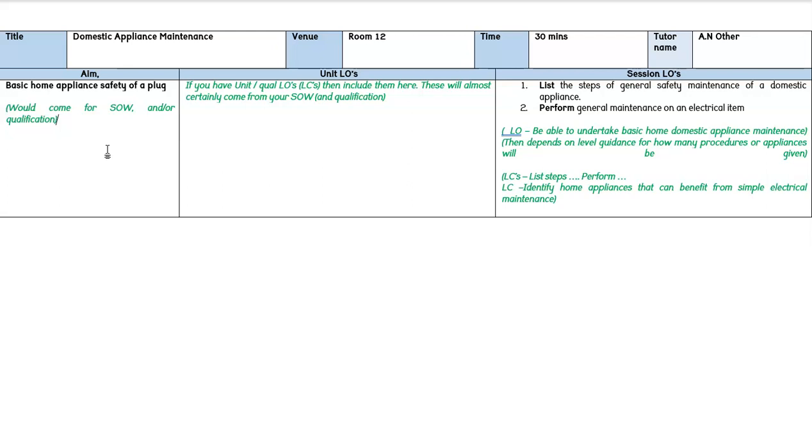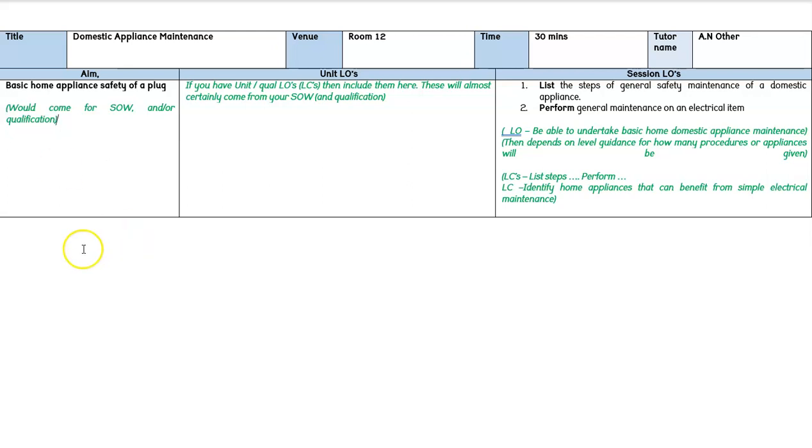In a GovEd unit, you'll have a learning outcome, and then immediately underneath it will be learning criteria. For example, this one might have learning criteria: list steps of perform general maintenance, identify home appliances, because all together, those three criteria would meet the learning outcome.